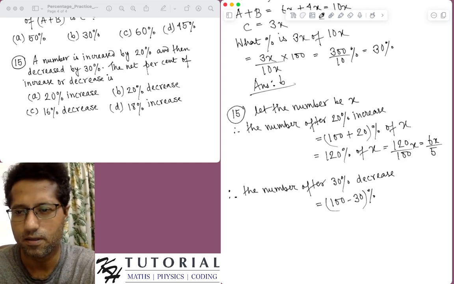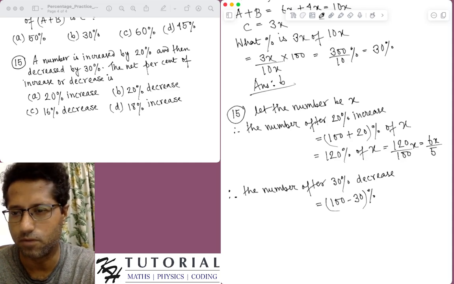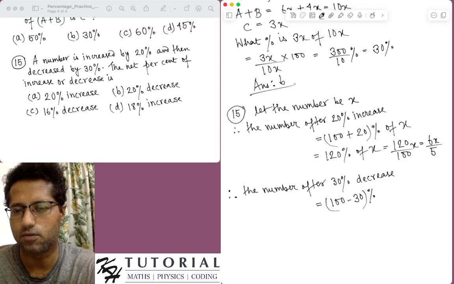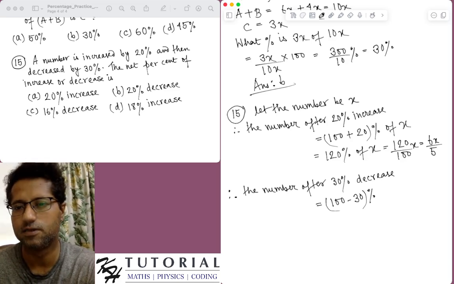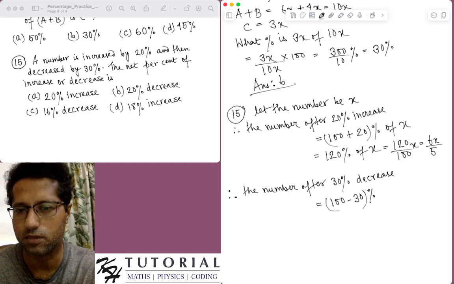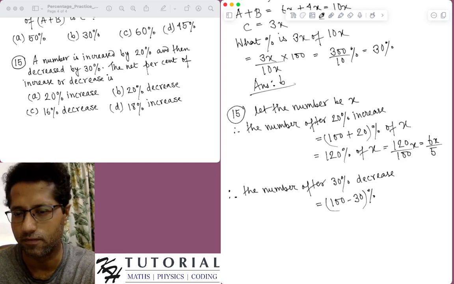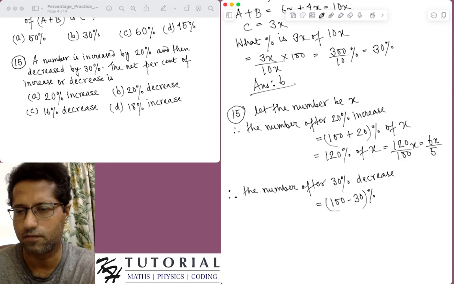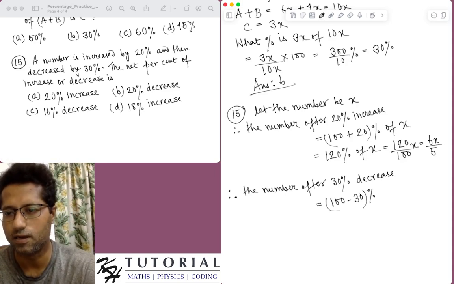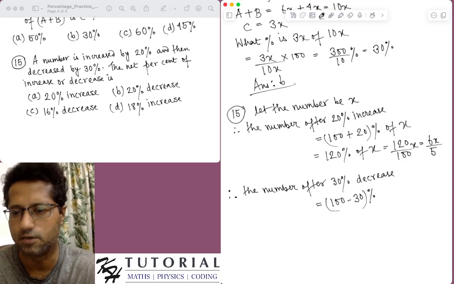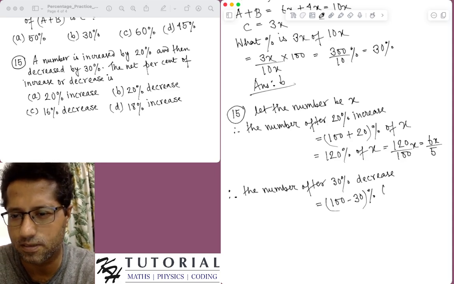That is the number which was obtained after increasing the original number by 20%. Original number is x. We have increased the number by 20% and we got the new number to be 6x by 5. Now this number 6x by 5 has been reduced by 30%. So the final new number will be 100 minus 30% of 6x by 5.